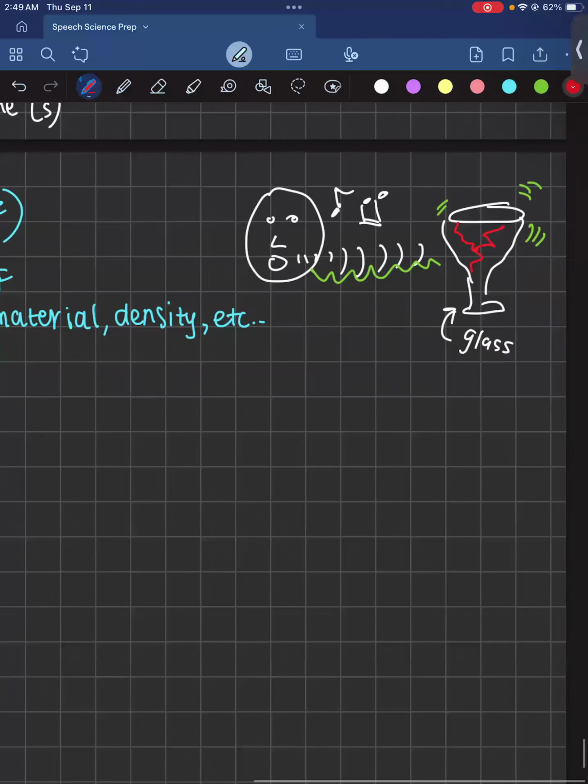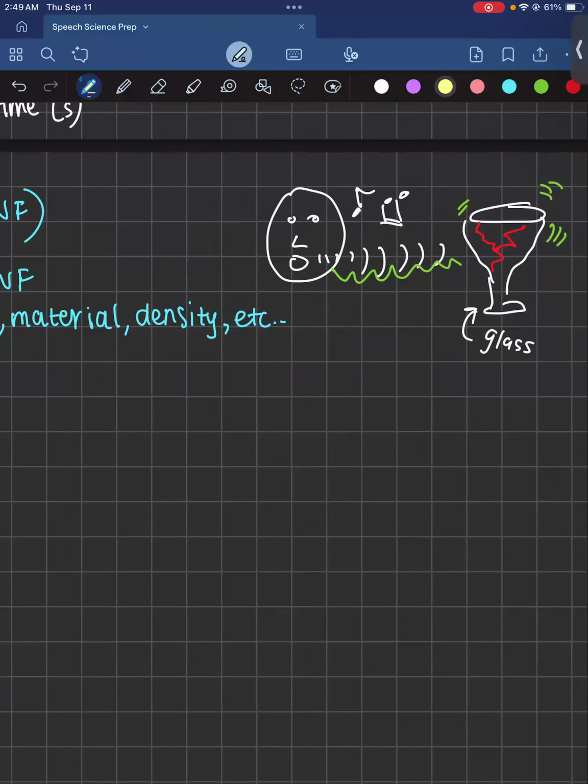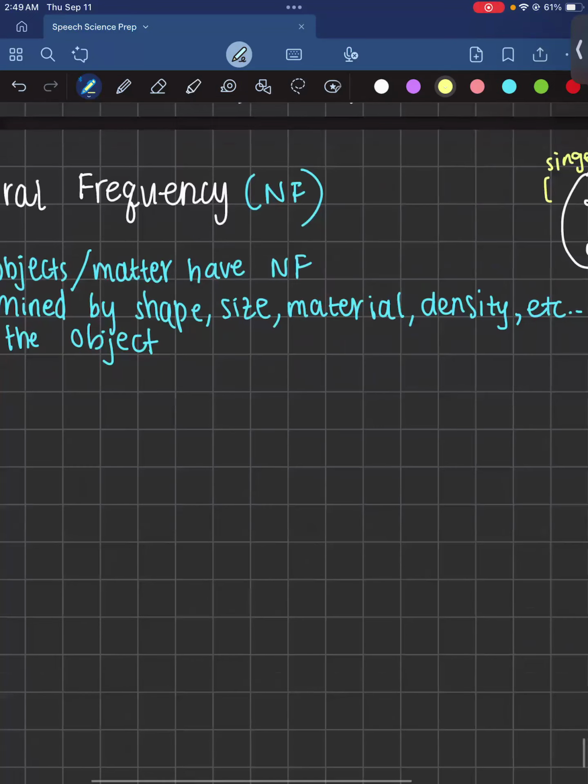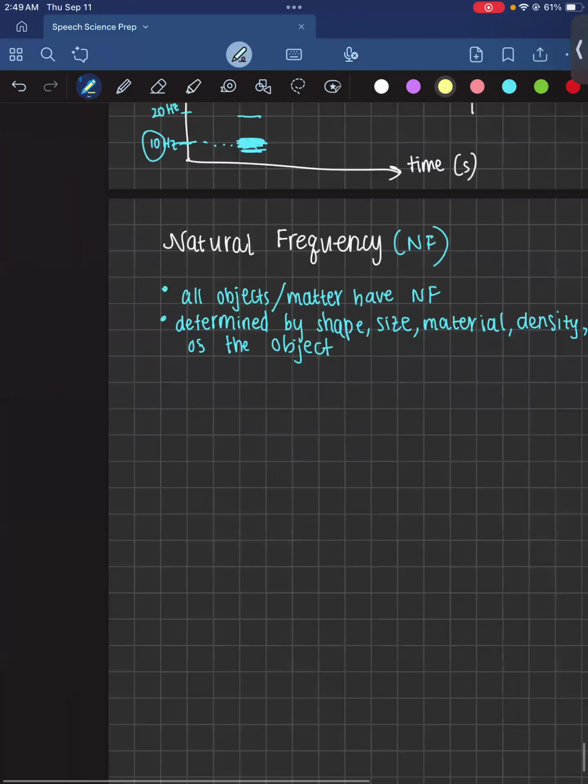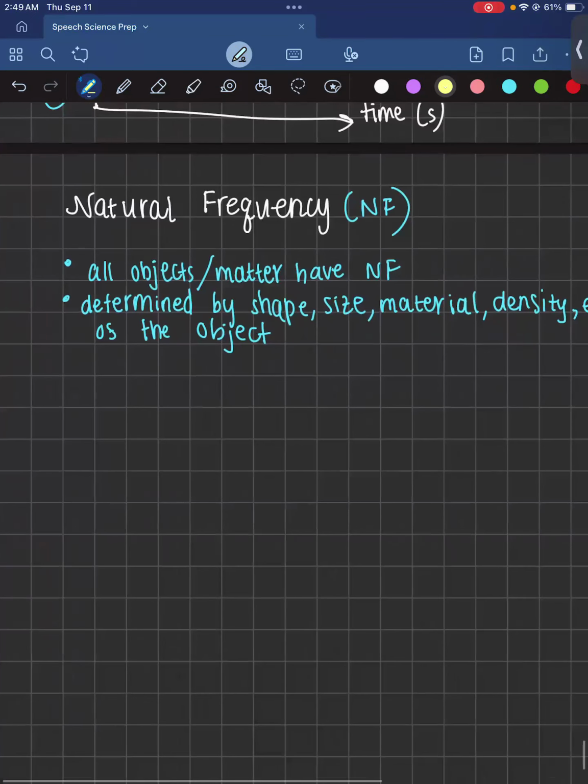So why does this happen? It's because the singer matches the natural frequency of the glass. And so this is actually possible where the singer can match the NF and therefore cause this kind of physical reaction within the glass. And this process where the natural frequency of an object is matched, this is called acoustic resonance.